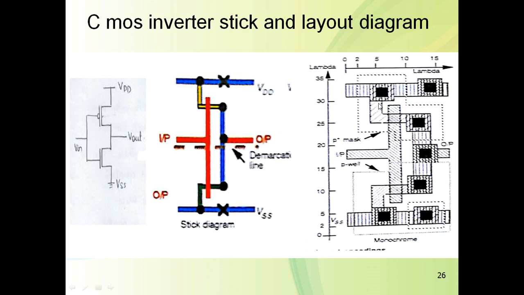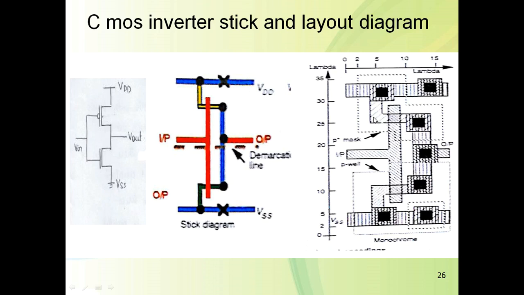This is the thickness of the P diffusion layer, which is 2 lambda. The thickness of the N diffusion is 2 lambda. We want to form a P-type transistor and an N-type transistor, both having a size ratio of 1:1.